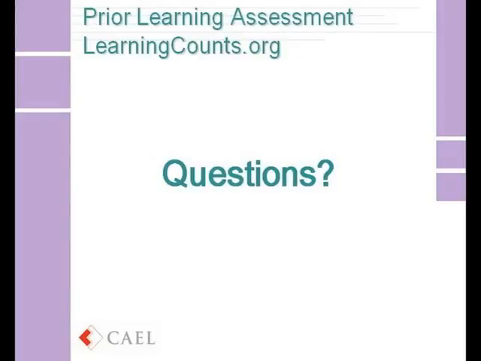Thank you, Jerry. I would just like to say that one of the things that people have found is that for adults who have some college but no degree, the opportunity to earn credit for prior learning is a very strong motivator. This was something that was found in a College Board study about 10 years ago, but it's also been found more recently in studies that states have undertaken.